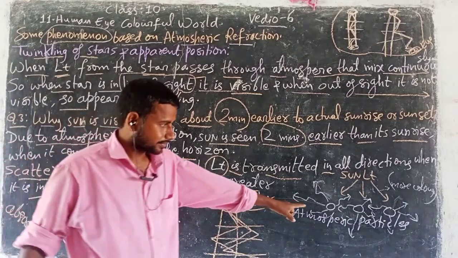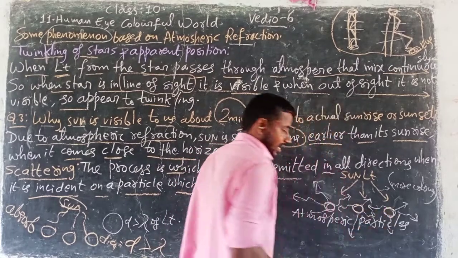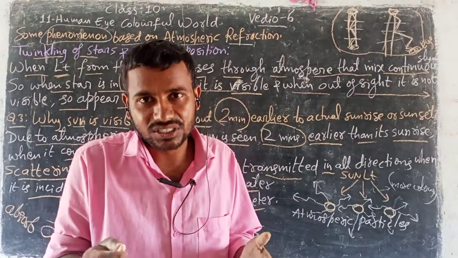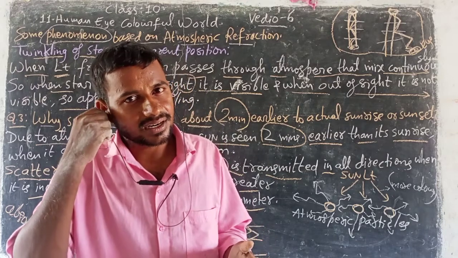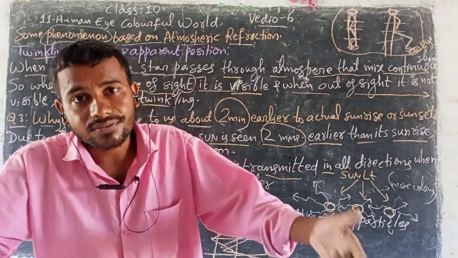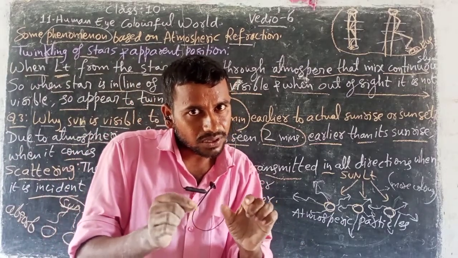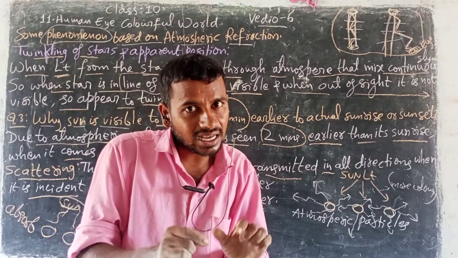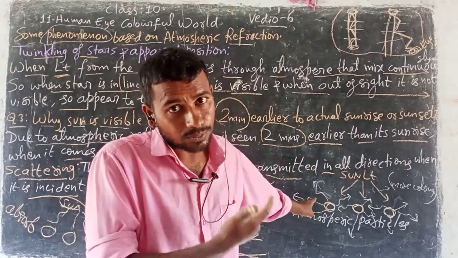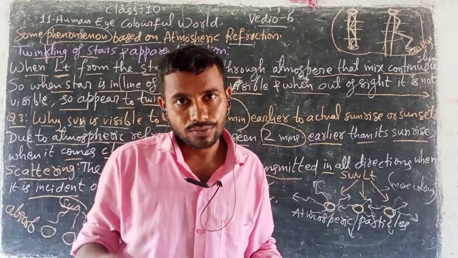Look there, I draw there. Sunlight is first absorbed by the particles, and the particle diameter is greater than the wavelengths of colours. White light contains 7 colours, already we know. When the diameter of these particles is greater than the wavelengths of colours, I mean the lesser wavelengths, the colours whose wavelengths are lesser than the diameter of the particles can split out from the particle.